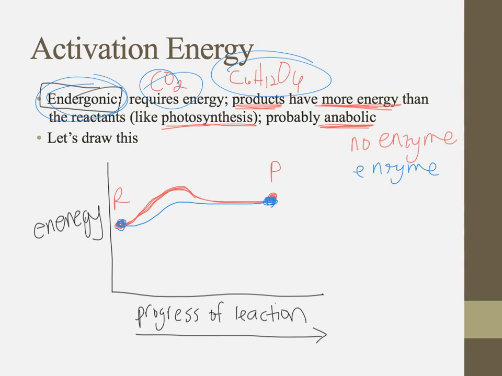And that's what we call an endergonic reaction. Ergonic referring to energy. Endo, or inner, remember that means into, like endocytosis going into the cell. Endergonic means having to put energy into a reaction in order to make it work.